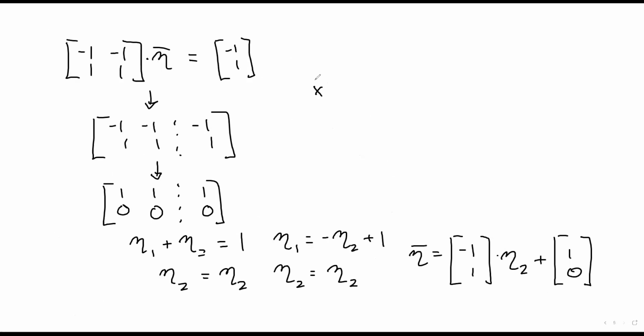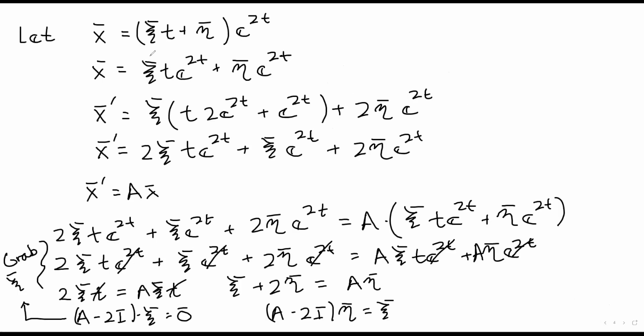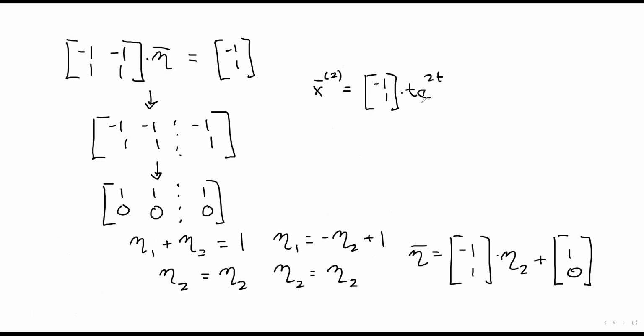So this is going to be x2. Here's our second solution: -1, 1 times t e to the 2t. We grabbed it from earlier because this is the same problem we solved earlier. T e to the 2t, so that part is right there.